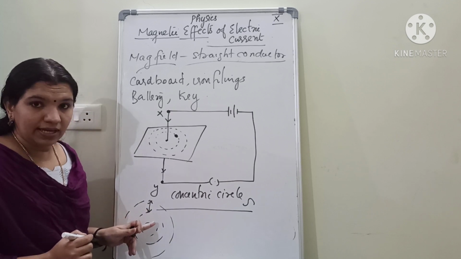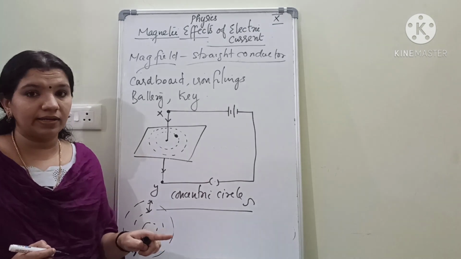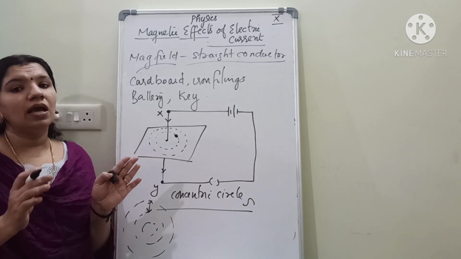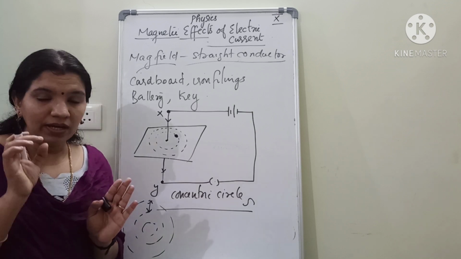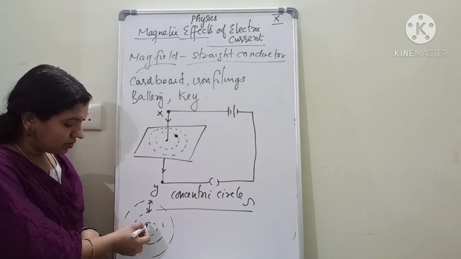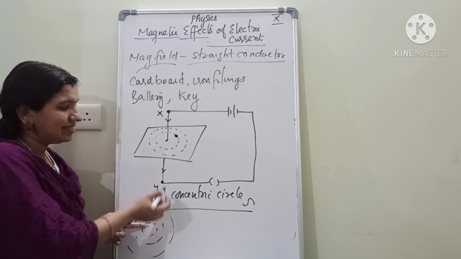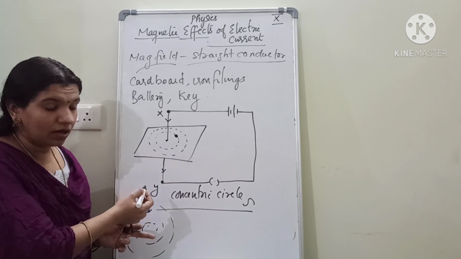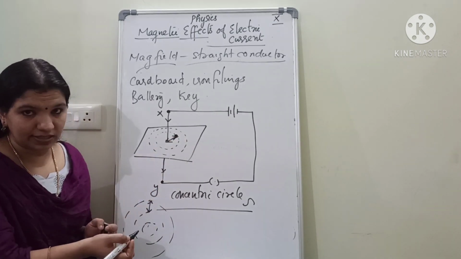So the magnetic field at a point actually depends upon the amount of current and the distance between that point and the center, you can say. In the center you have the conductor.